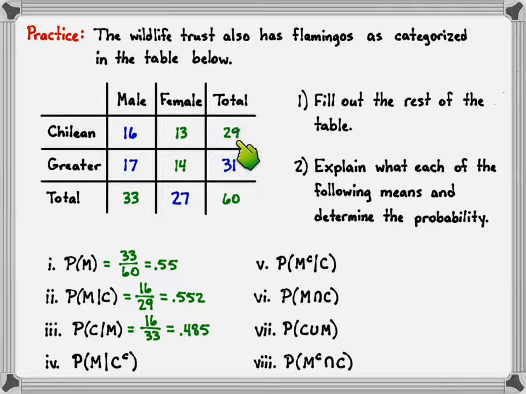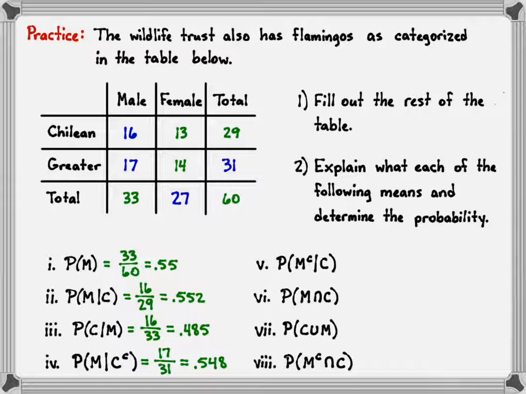Well, there are 29 Chilean and 60 total, so there are 31 that are not Chilean, and that would be the greater in this case. And then how many of those 31 are male? That'd be 17. Another way to write this in this basic case, because it's only comparing two things, is what's the probability of male given greater? Okay, and then that probability would be 54.8%.